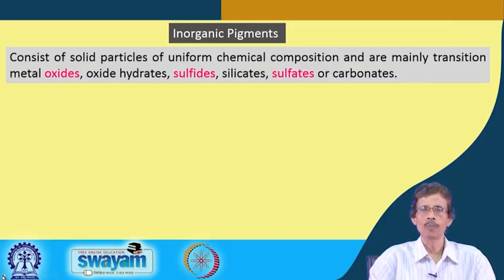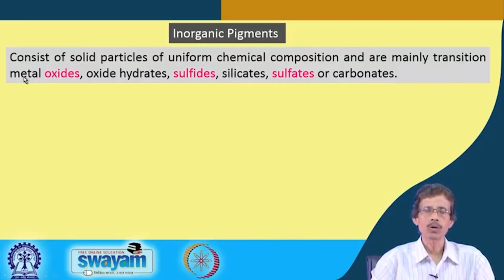Even if it is a mixture of A, B and C of different percentages, 30% of A, 40% of B and another 30% of C, we maintain that particular stoichiometry, the mixing stoichiometry, for getting that particular mixed pigment material. So, uniform chemical composition, and mainly transition metal oxides we will be using.